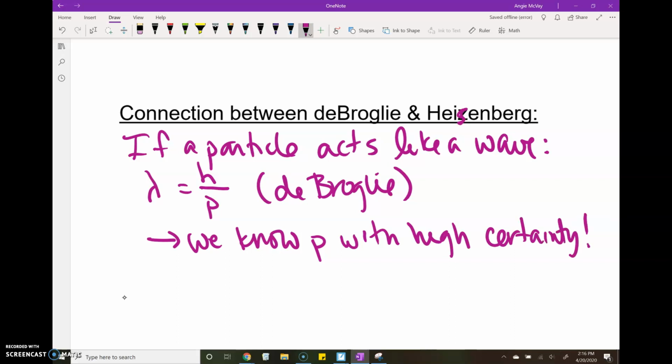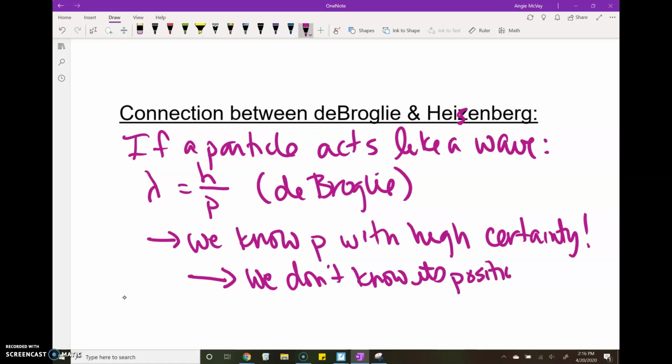Or you could say low uncertainty. As a result, we don't know that particle's position very well.